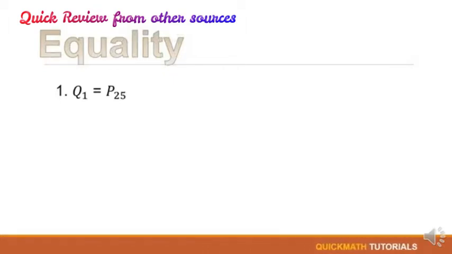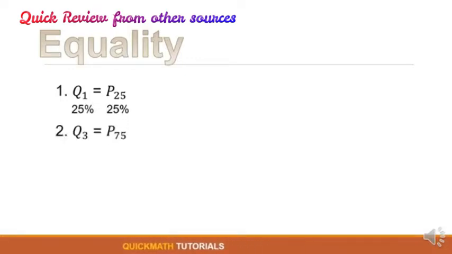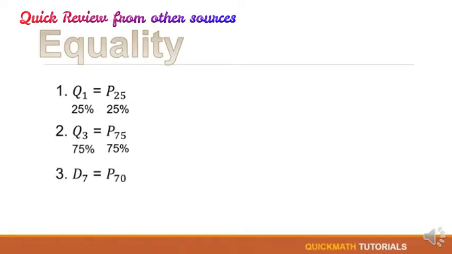It's because Q sub 1 is 25% and P sub 25 is also 25%. Next, Q sub 3 is just equal to P sub 75. So we have 75%, also 75%.